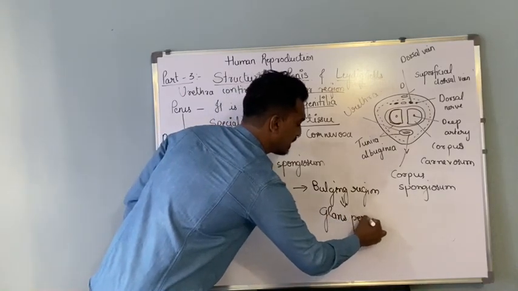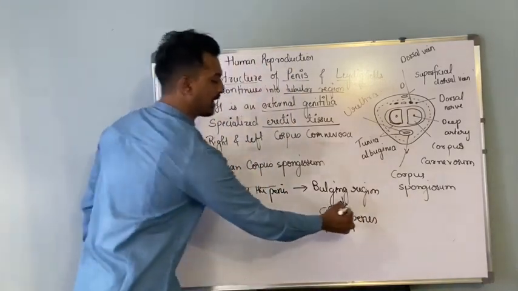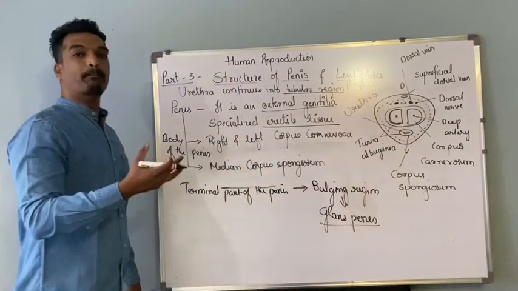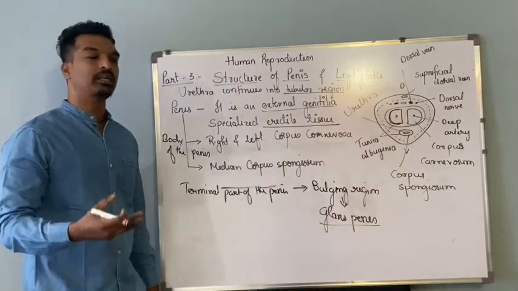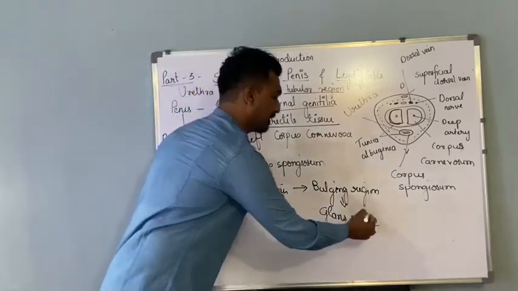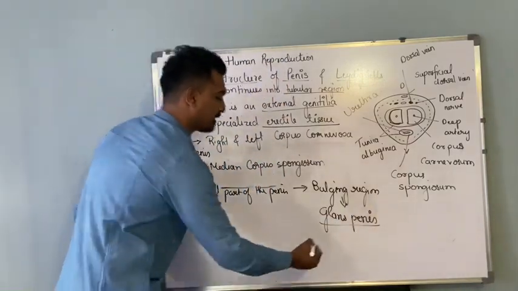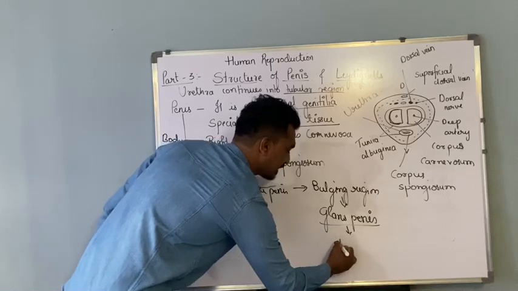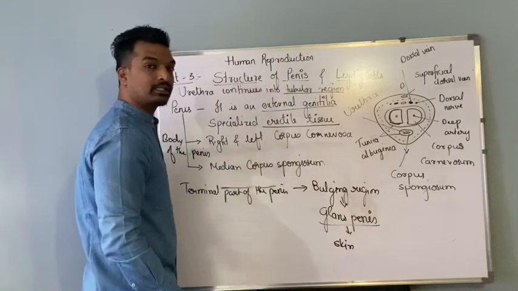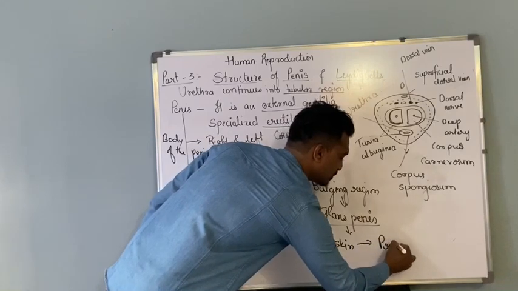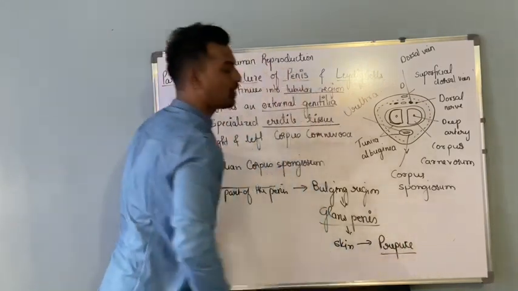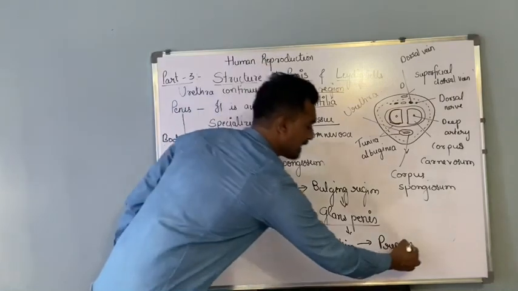The glans penis is covered by skin, and this skin is called the prepuce, or foreskin.